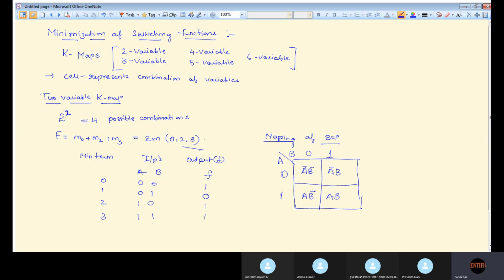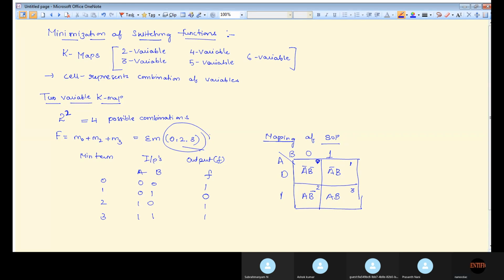If I want to map this function 0, 2, and 3, what do I have to do? This is 0, this is 1, this is 2, and this is 3. These are the positions given to 0, 1, 2, 3.